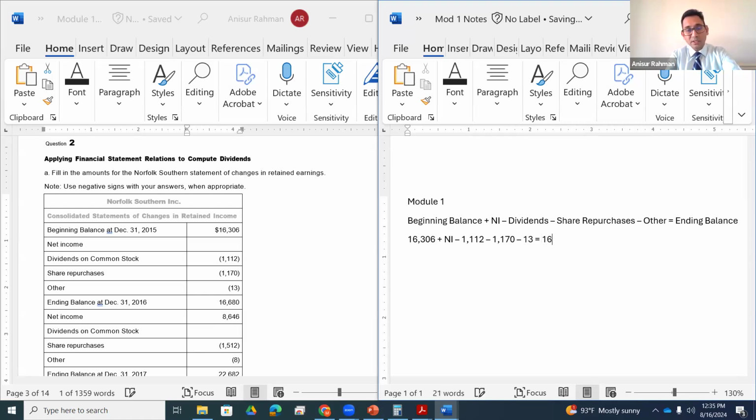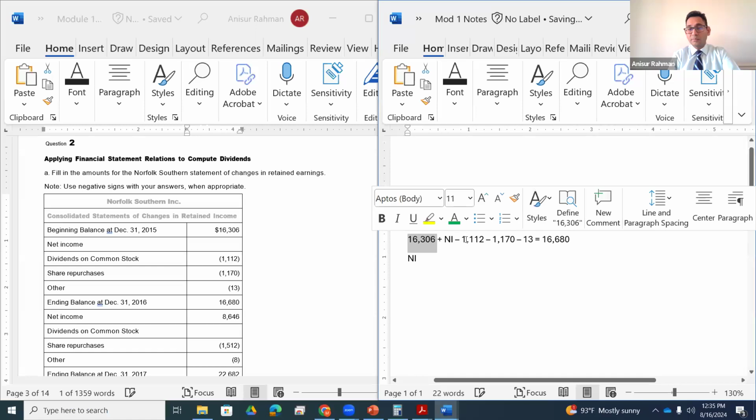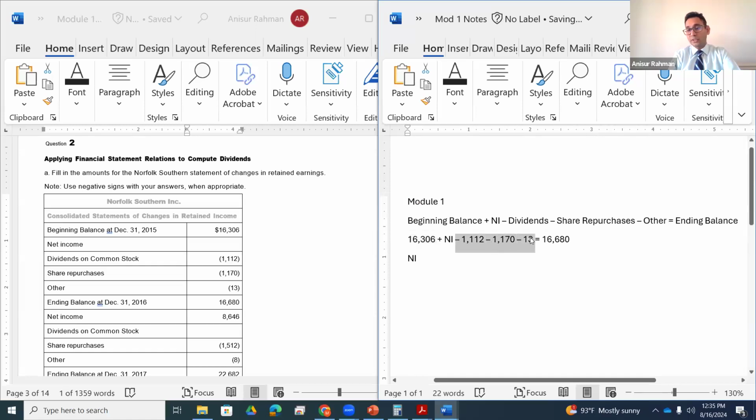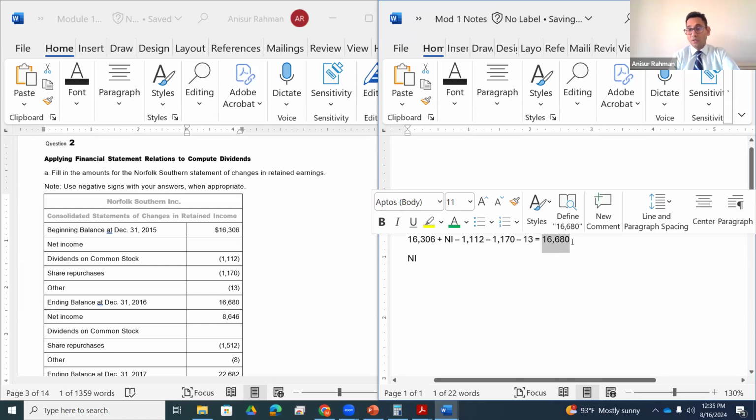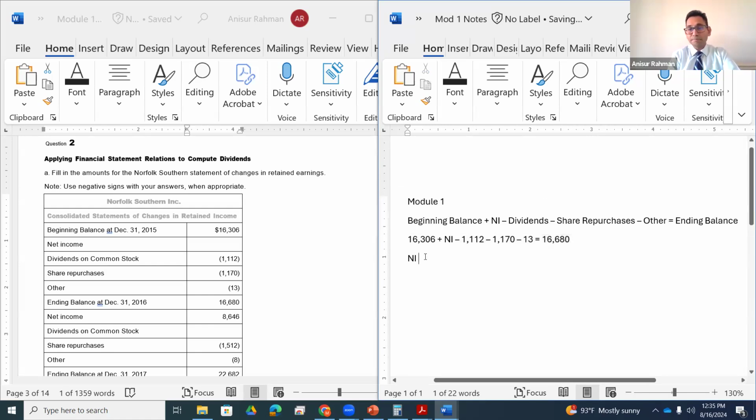Ending balance, 16,680. We have to solve for net income, so we'll keep net income on the left-hand side. And then we'll take these numbers to the right-hand side, which will change their signs. And we'll keep this number on the right-hand side, okay?